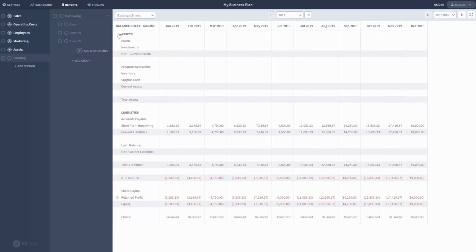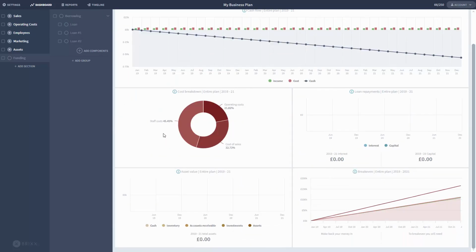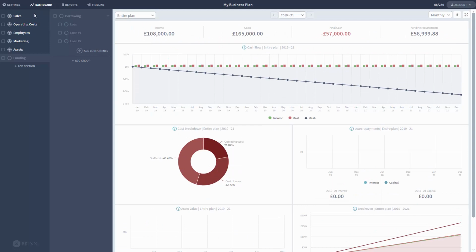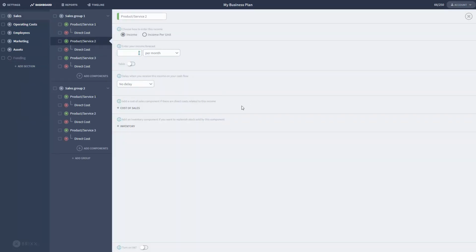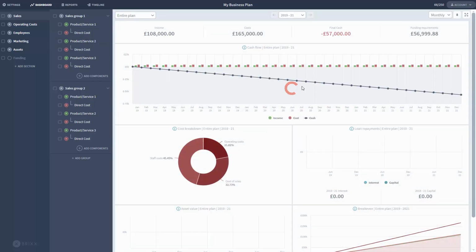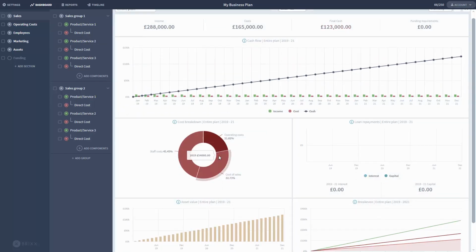And what it's going to show is the top half of the balance sheet, essentially, which, as you can see, we don't actually have any numbers posting there just yet. So I'm going to add another product in to get our income higher. Hopefully this will be enough, 5,000 per month. Okay, yep, our cash is going up now.